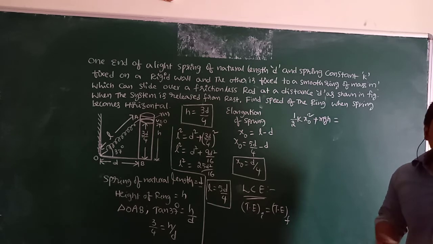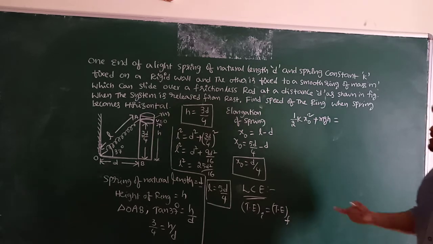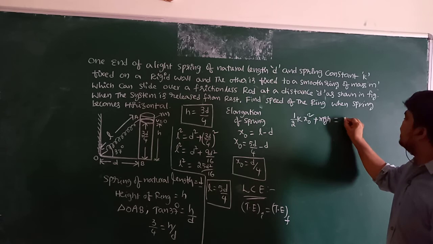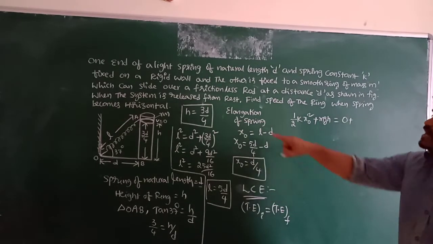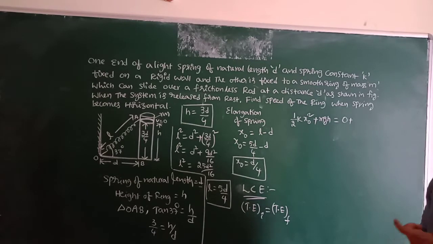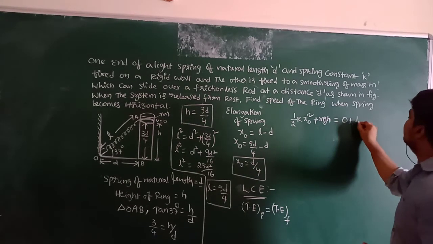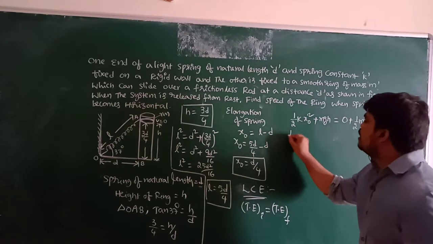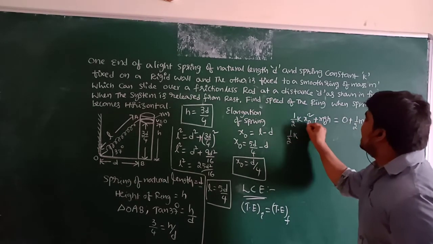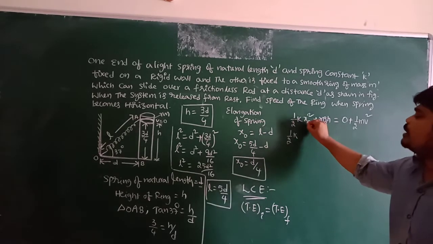There is no elongation, so there is no spring energy. So the energy due to the spring is 0, plus the energy due to the ring, which is converted into kinetic energy, 1/2 mv square.